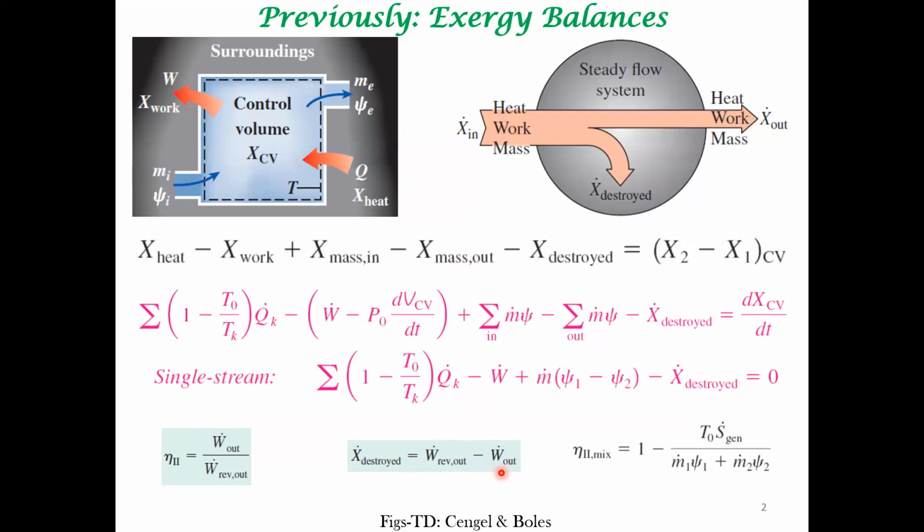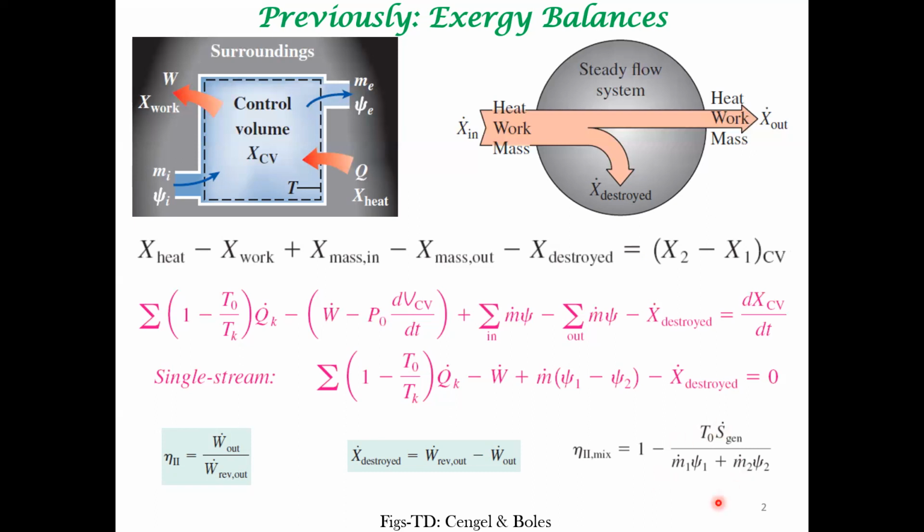As I said, both entropy generation and exergy destruction are connected. Of course, the second law efficiency is connected with entropy generation. We established slightly different forms of the second law efficiency formula because in some cases, the ideal process with which you want to compare is not very clear.